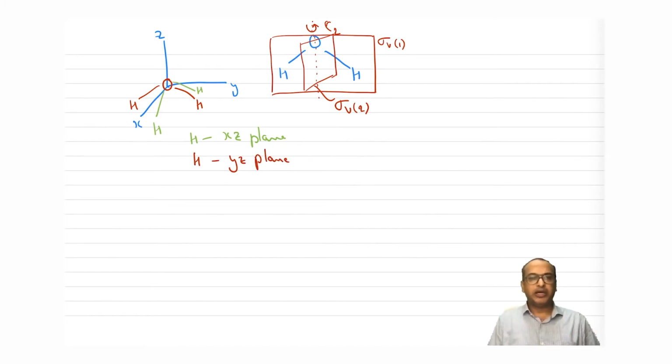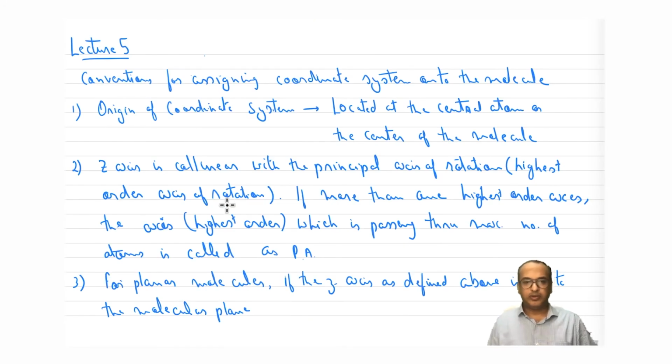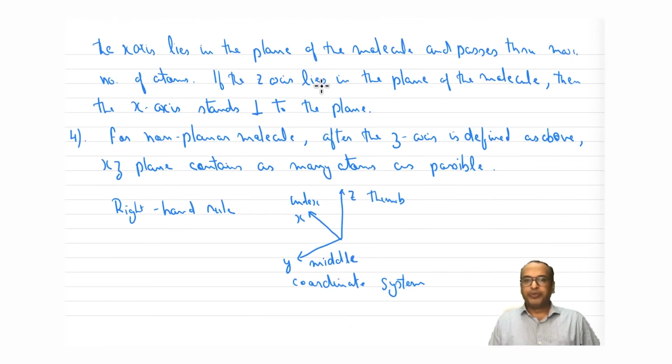Now if we go back to the rules which you have stated, for planar molecules, H2O is a planar molecule, so we'll use this condition. If the z-axis as defined above is perpendicular to the molecular plane, is it perpendicular to the molecular plane? No, it is containing the molecular plane, right? So next, if the z-axis lies in the plane of the molecule, then the x-axis stands perpendicular to the plane.